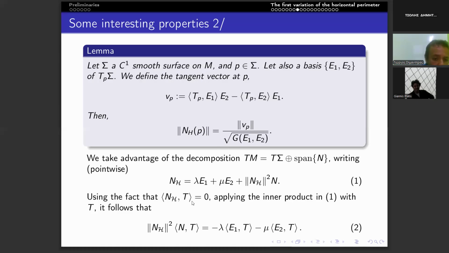First, we use the fact that the inner product of H and T is 0, because T is a Riemann vector field and this guy here is horizontal, by applying the inner product in equation 1 with T. And then it follows, using the definition of H here, that we have the second equation.